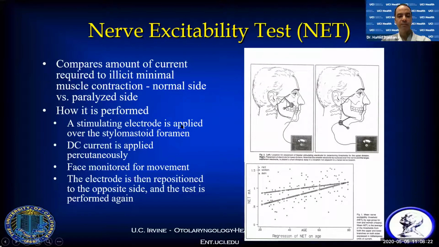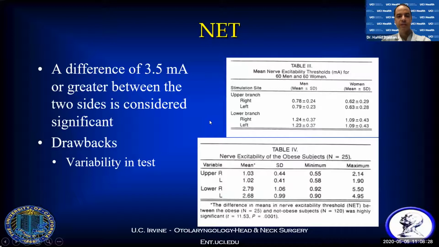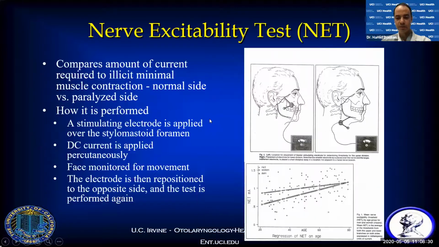The main problem with this is, let me actually show you this here. There's a difference between men and women in nerve conduction. So meaning that the nerve excitability threshold is different between men and women, and depends also on age. So it's really hard to establish norms for this type of thing. And you can see how widespread the patients were.